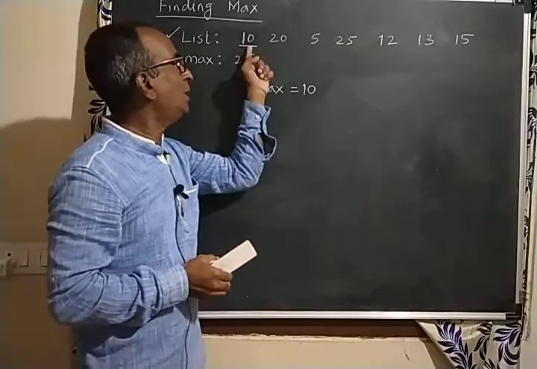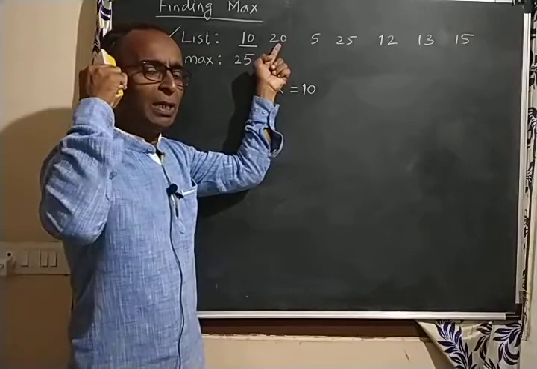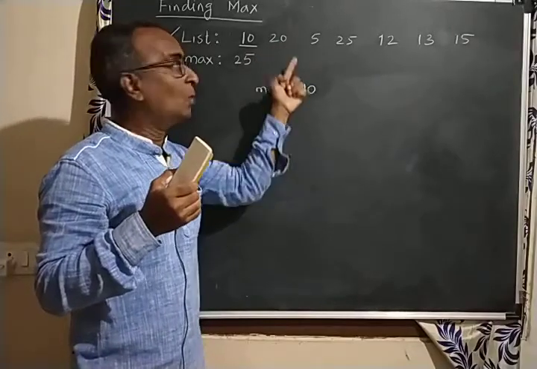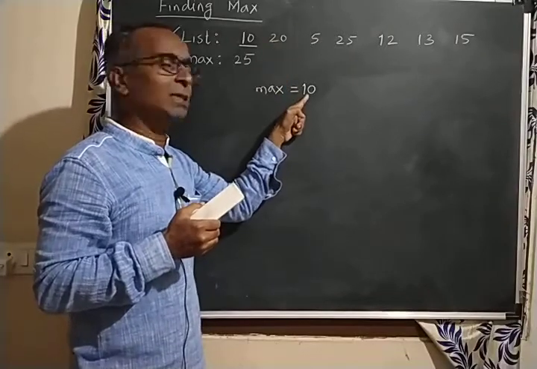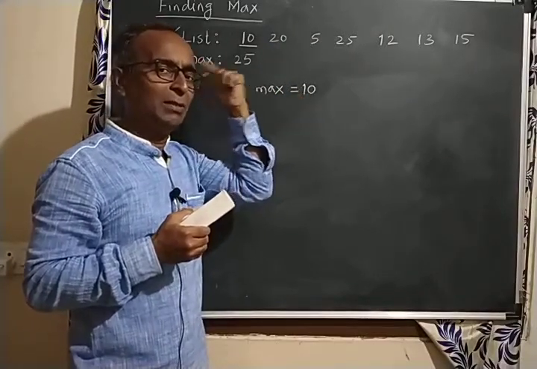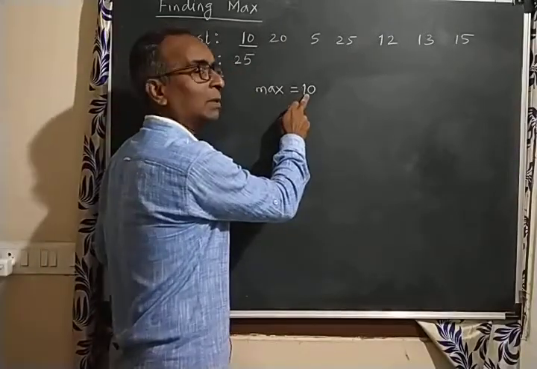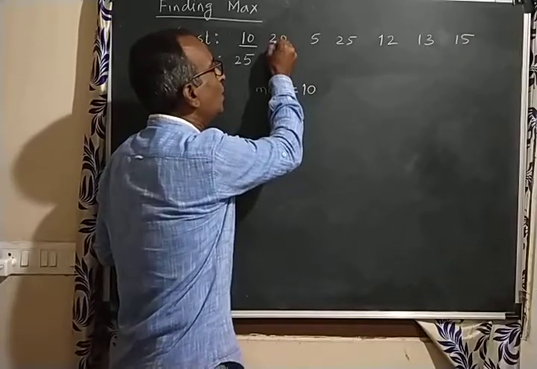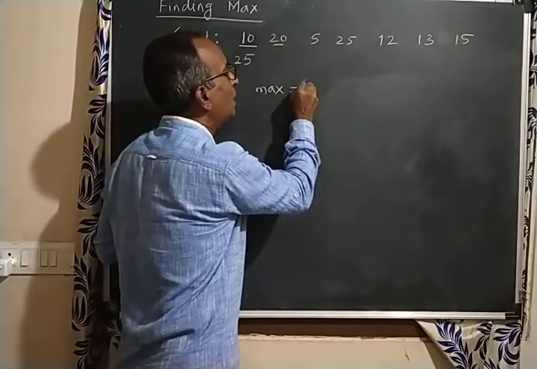Then when I read the next number, 20, in my mind it is 10. So 20 is greater than this now. So what do I have to do? I have to change the number in my mind. So what was the number? 10. When I read this, I'll compare and in my mind I'll make this 20.